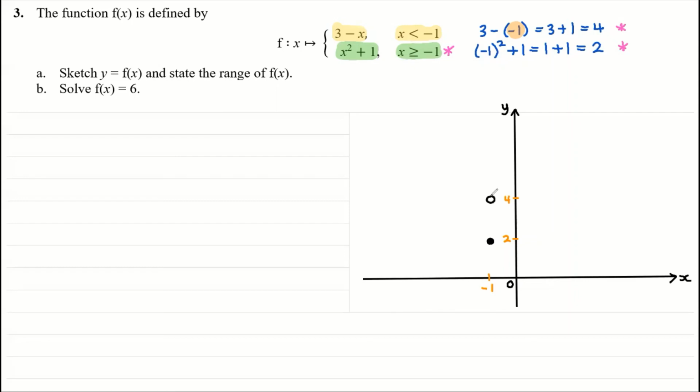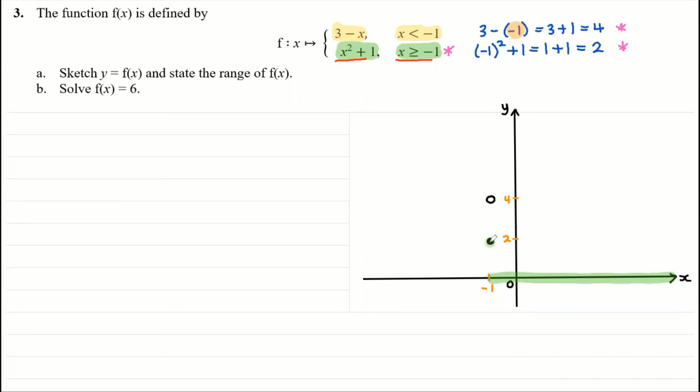So what's happening for the rest of the rule? So we'll focus on the quadratic part first, i.e. this rule here. So it behaves as x squared plus 1 for the rest of the real line. So if I'm considering all x values greater than or equal to -1, I just basically sketch the graph x squared plus 1. So that has a y-intercept at 1, and it's a quadratic, so it's a parabola.